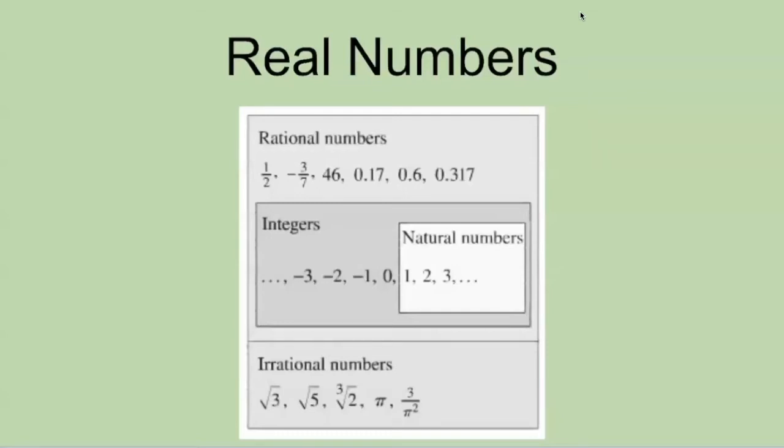Now, integers contain natural numbers, which are all the positive whole numbers, and integers also contain values less than or equal to 0 that are whole numbers.